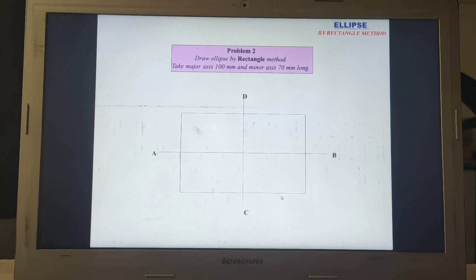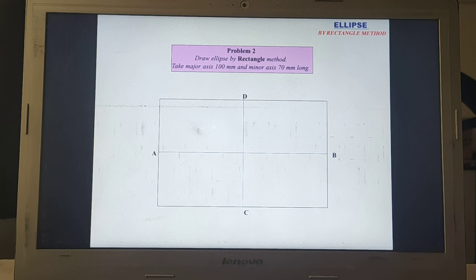Now we draw vertical and horizontal lines passing through each point so that they form a rectangle. Now you can see this particular rectangle. Here we have this particular side and this particular side. As this is 70 mm, this will be 35 mm.